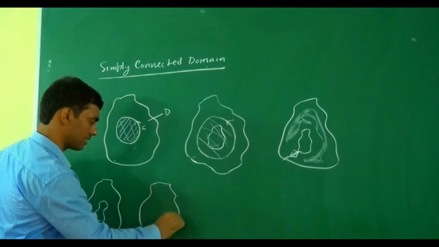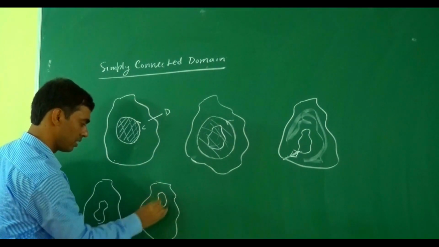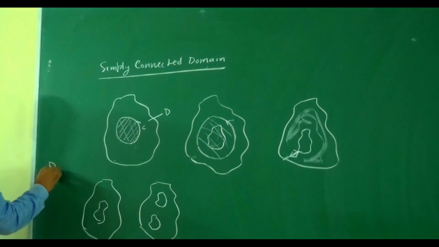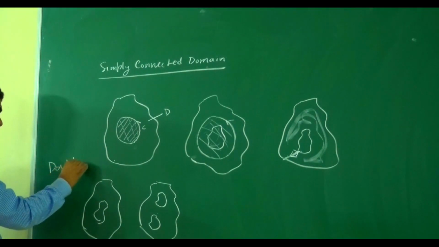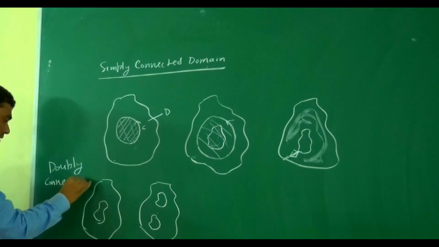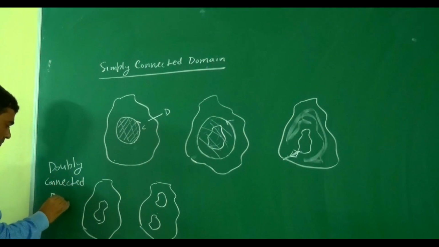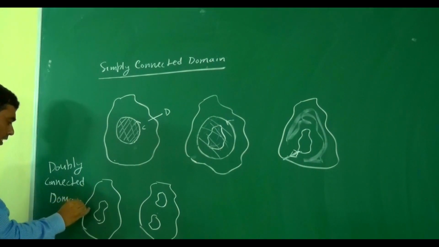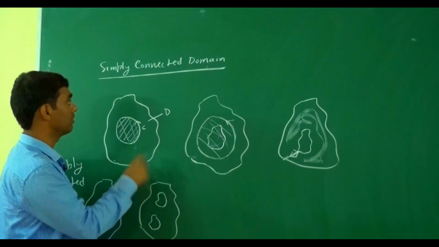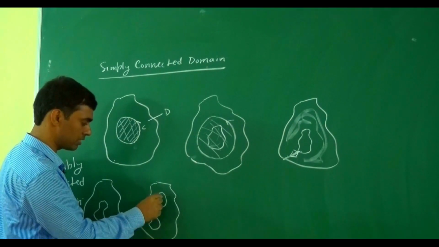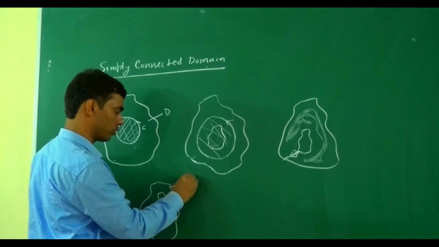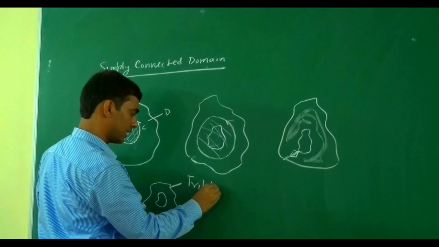Similarly, if there are three regions inside, first one, second one, third one, this is called a triply connected domain.